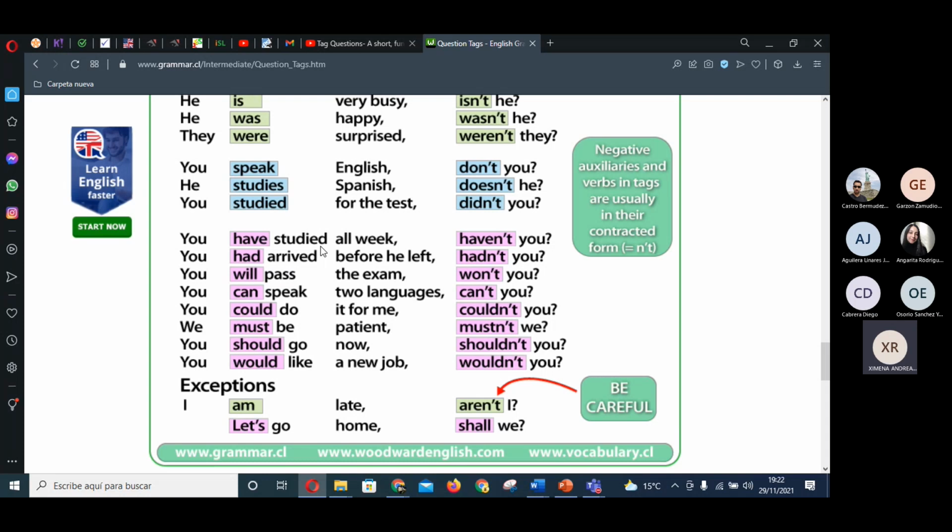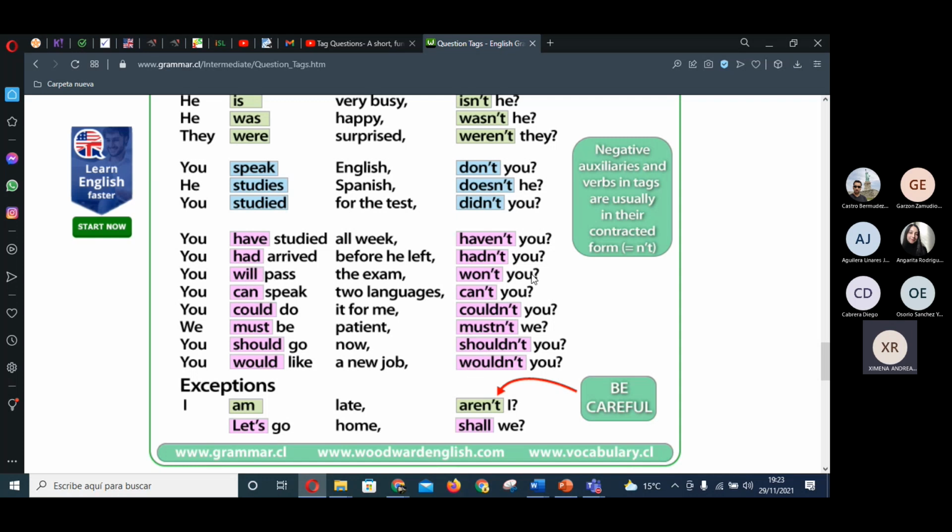Fácil porque acá no cambia el auxiliar, acá el mismo have se convierte en negativo. Lo mismo en pasado perfecto, had sería hadn't, will pasaría a ser won't, ya habíamos visto previamente también, can, can't, could, couldn't, must, mustn't, should, shouldn't, would, wouldn't.